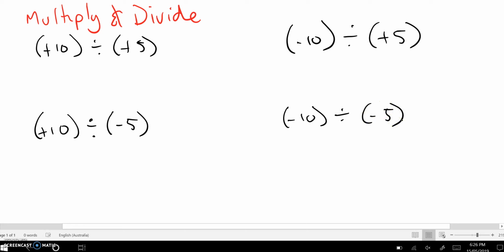Whenever we multiply and divide, I really do want you to think about just ignoring the plus and the minuses to start with, and just think about the numbers themselves.